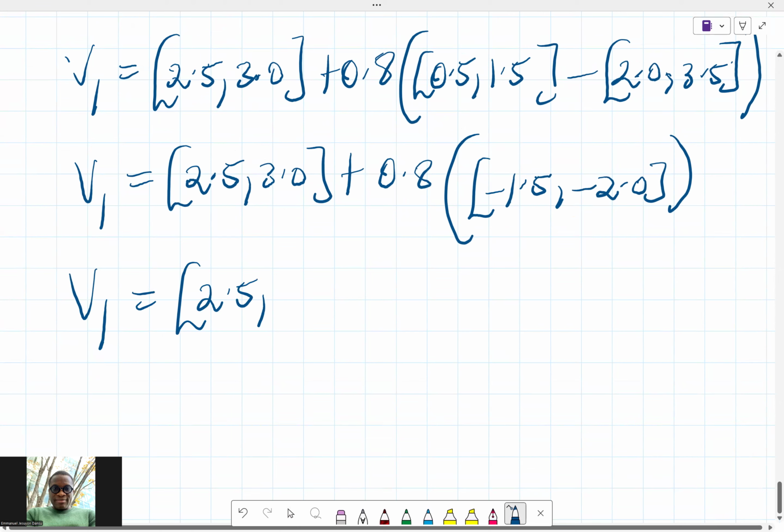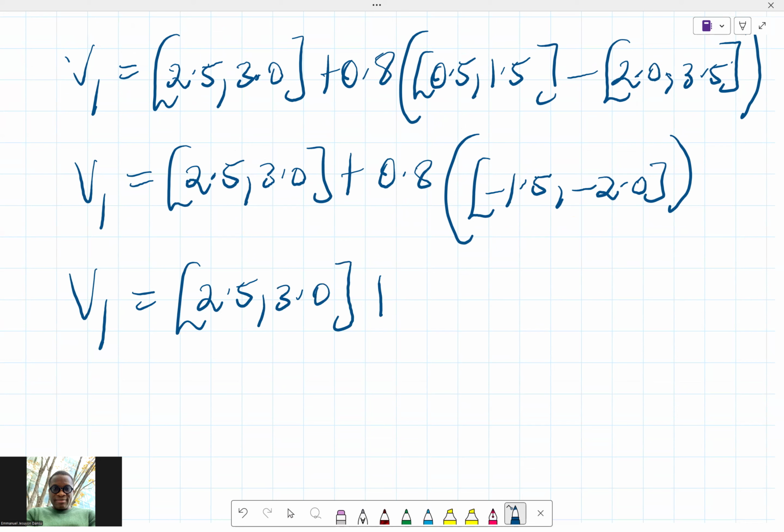So we have V1 equal to 2.5, comma 3.0 plus, now 0.8 times 1.5, that's minus 1.2, when you multiply 1.5 times 0.8. And 0.8 times 2.0, that's minus 1.6.